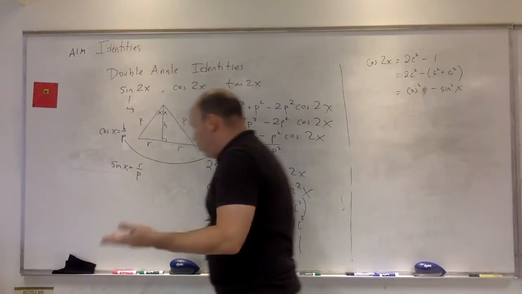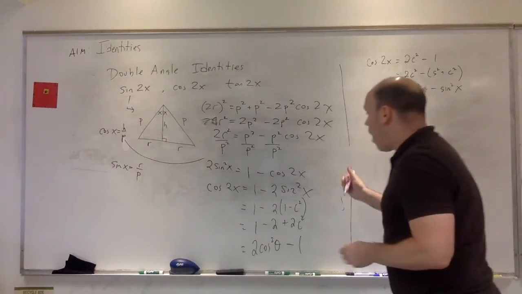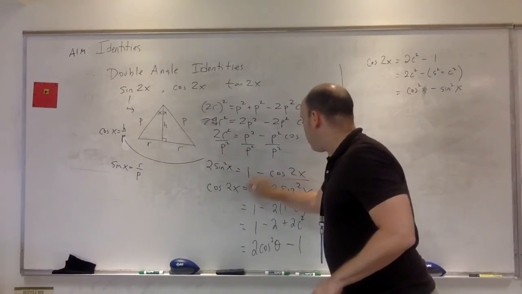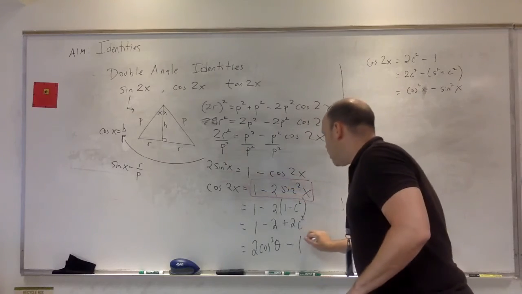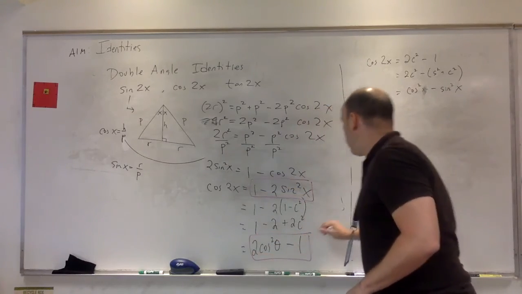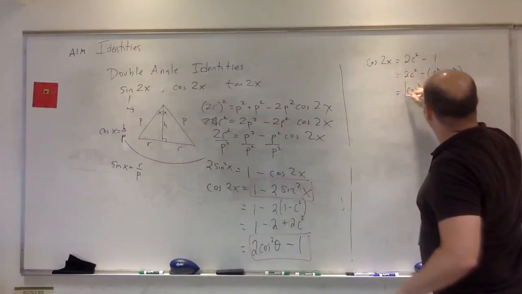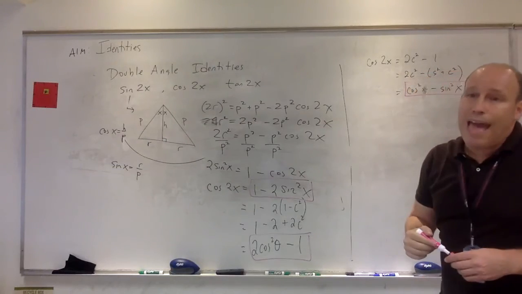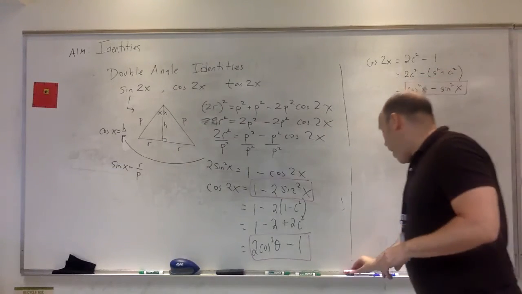I asked you to find sine of 2d. Now we can find cosine of 2d. We have 3 formulas, it's up to you. Maybe I want to use the first one.